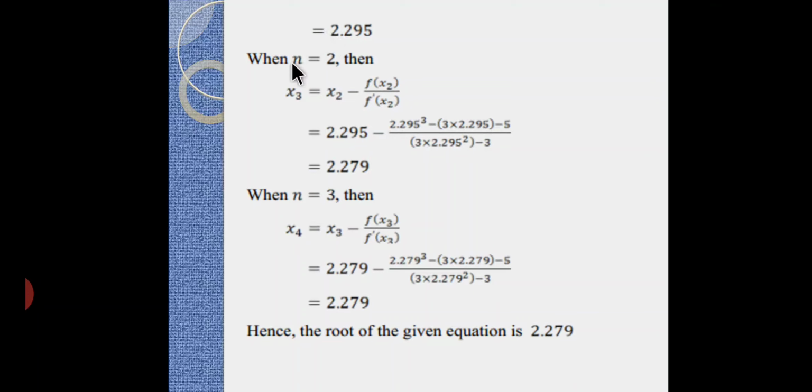So the x2 value is 2.295. When n is equal to 2, then the relation is x3 is equal to x2 minus f of x2 by f dash of x2. Here the x2 value is 2.295 minus f of x2, which means x cube minus 3 into x2 minus 5, by 3 into 2.295 whole square minus 3.